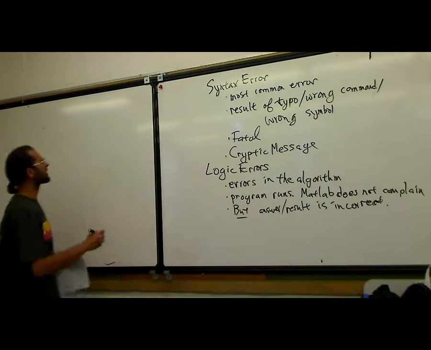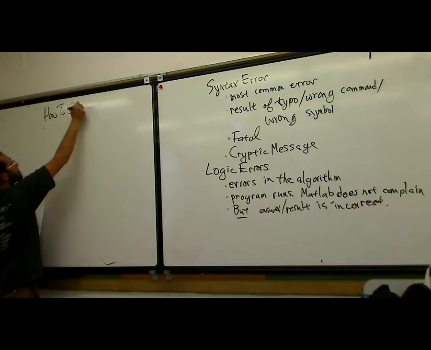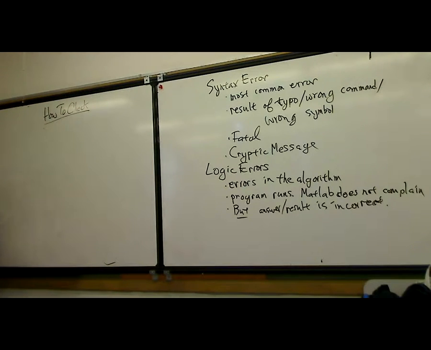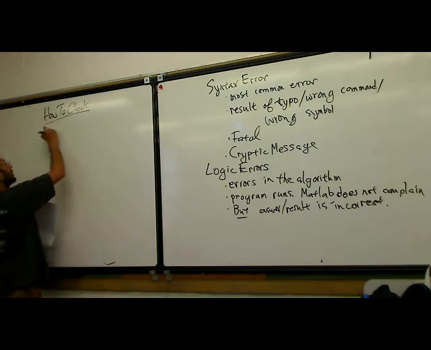So, how do we check this? These are habits you should get into if you're going to start writing programs, scripts, or functions for any sort of work application or any of your other classes. You cannot trust that your algorithm is perfect without doing some validation and testing of it.